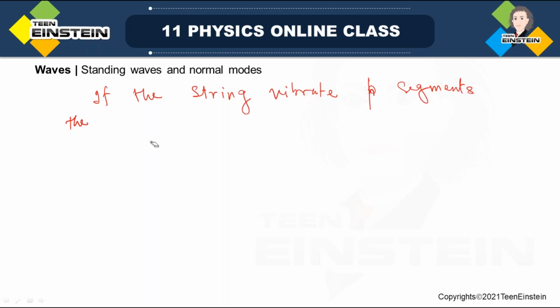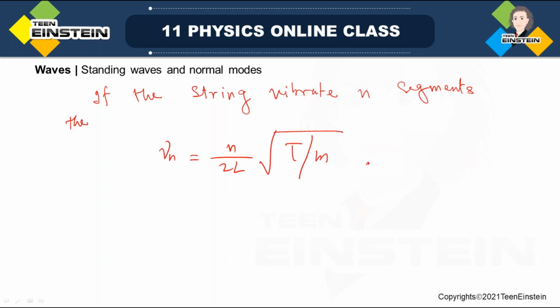Let me keep it the same with n itself. If it vibrates in n segments, then the frequency will be given by n by 2l root over T by m.